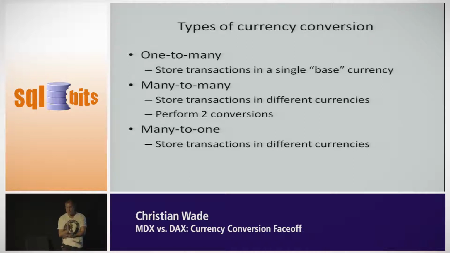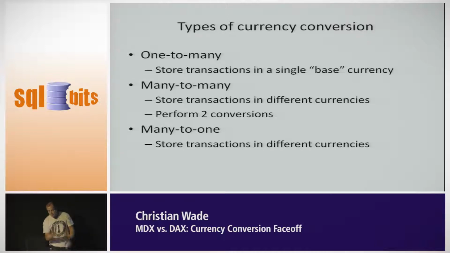So we store them in the single base currency in the fact table or the data warehouse or whatever your data service layer is. And then we use the cube or the tabular model to convert to the reporting currencies. So the basic business requirement is that the users can see all of the transactions in any of the supported currencies.